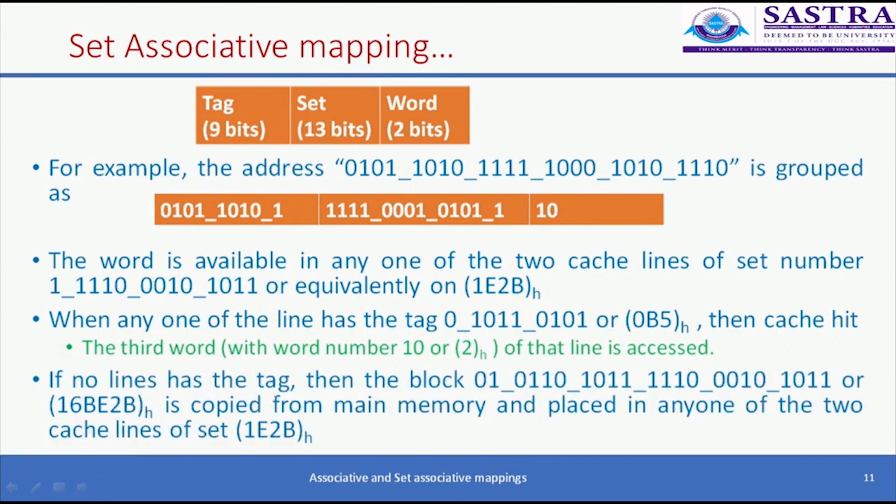If no lines has the tag, then the block, except this one, all other bits are used to identify the block, right. A block has 4 bytes, 0 0 0 1 1 0 1 1. So, we can ignore this word field. This block will be moved to this set.